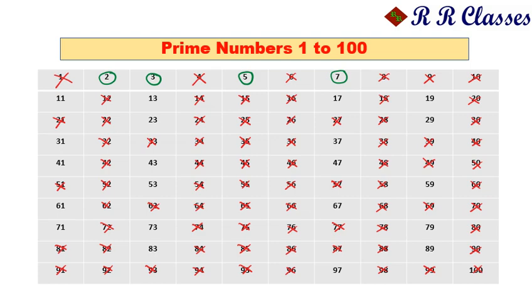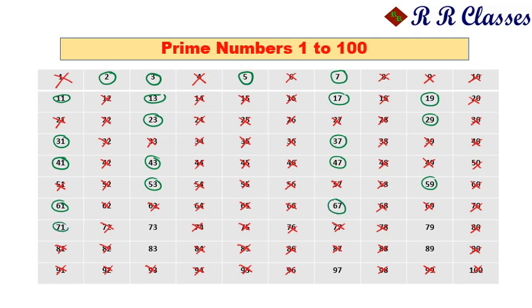So now which are the remaining numbers? 11, 13, 17, 19, 23, 29, 31, 37, 41, 43, 47, 53, 59, 61, 67, 71, 73, 79, 83, 89, 97.